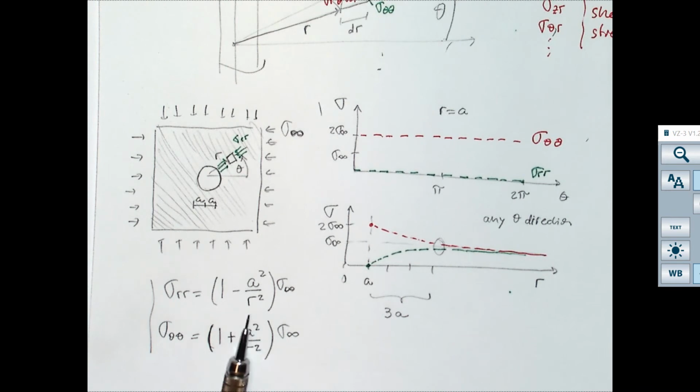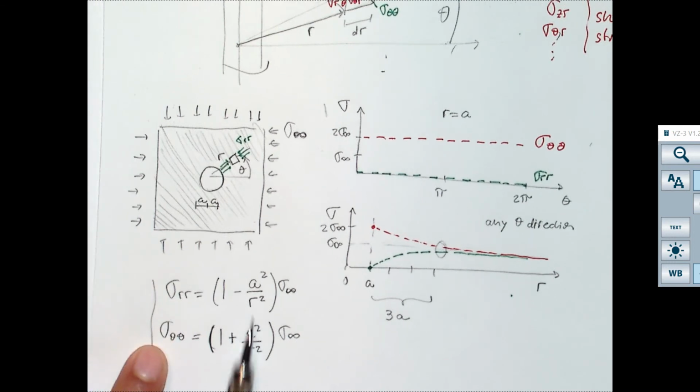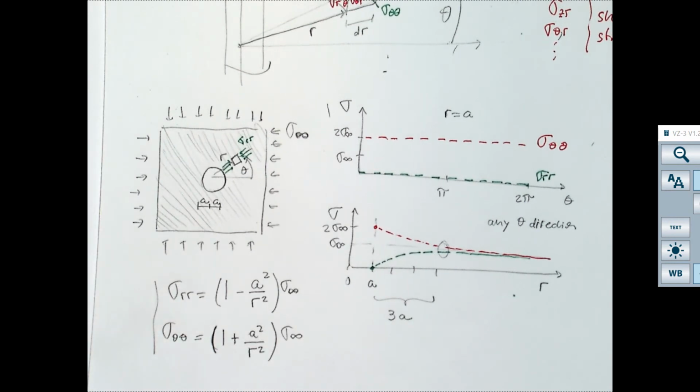Notice in this equation, when r is equal to a, sigma rr is going to be 0, and sigma theta theta, when r is equal to a, is 2 times sigma infinity, is the value of the stress.